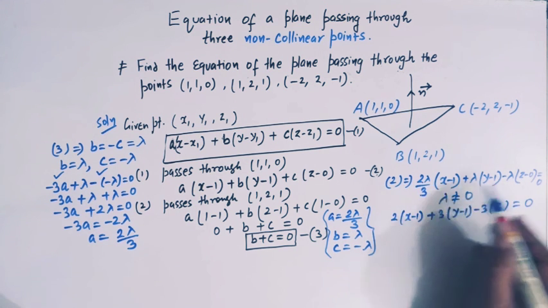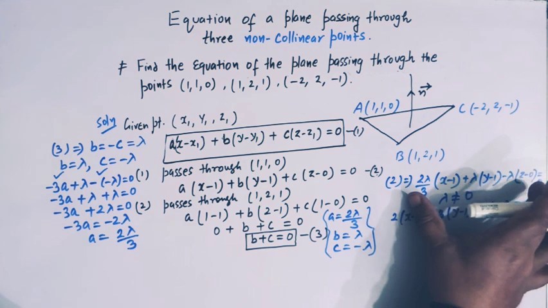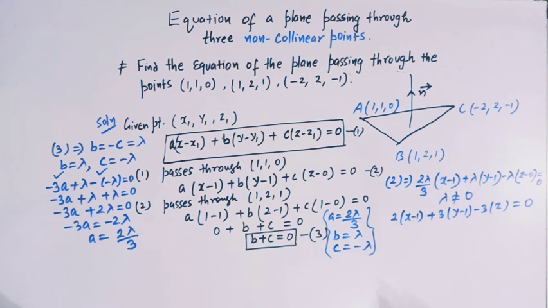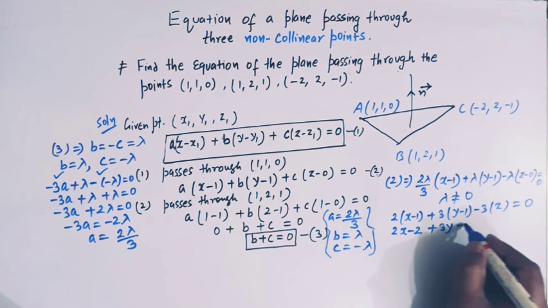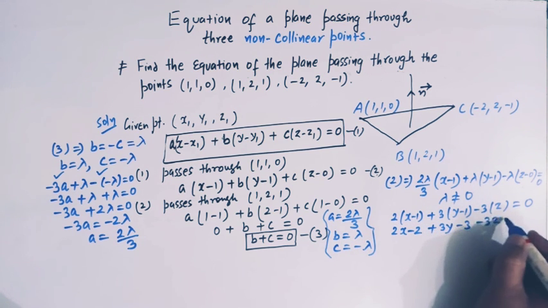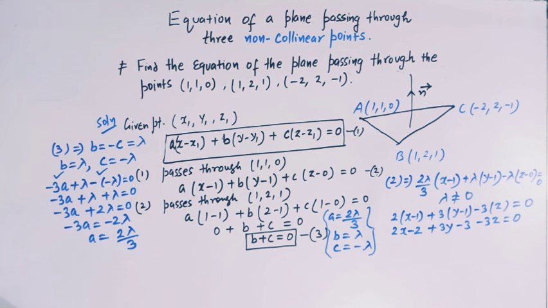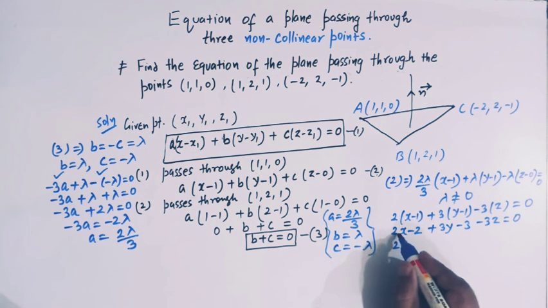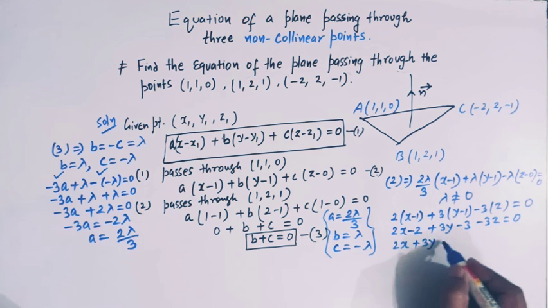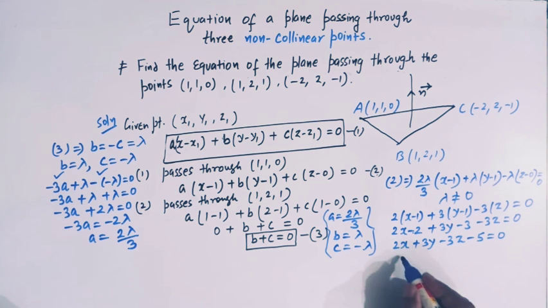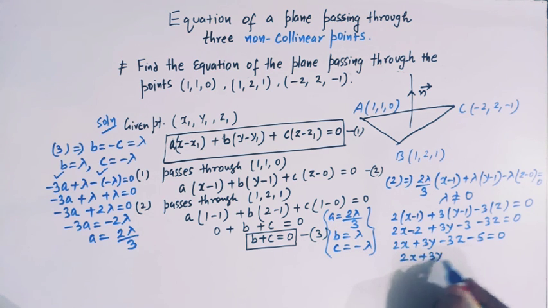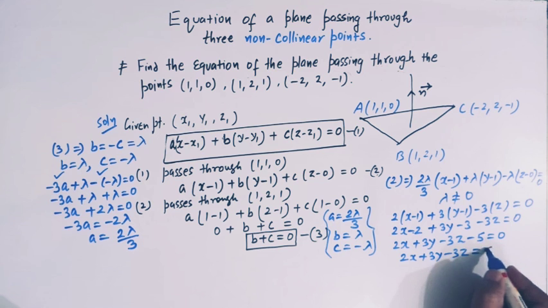So we have 2x - 2 + 3y - 3 - 3z = 0. This can further be written as 2x + 3y - 3z, and -2 and -3 is -5, equal to 0. So 2x + 3y - 3z = 5.